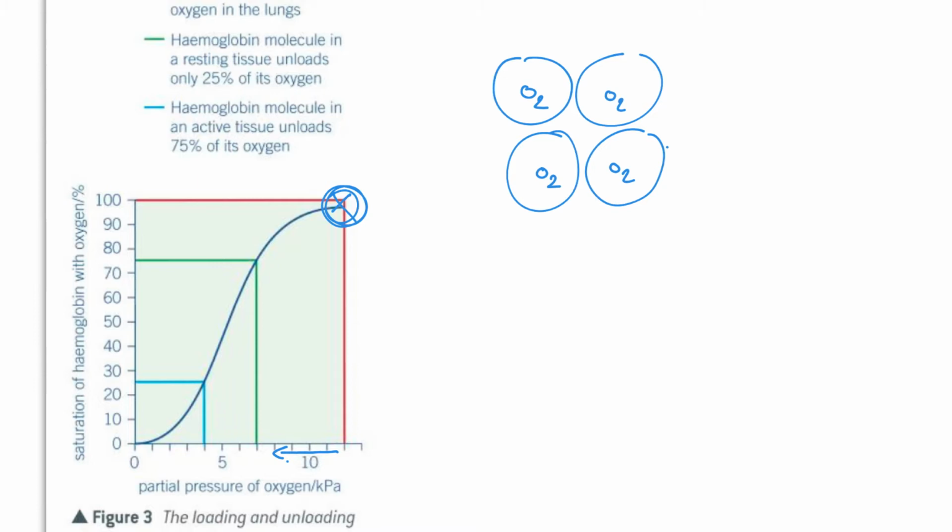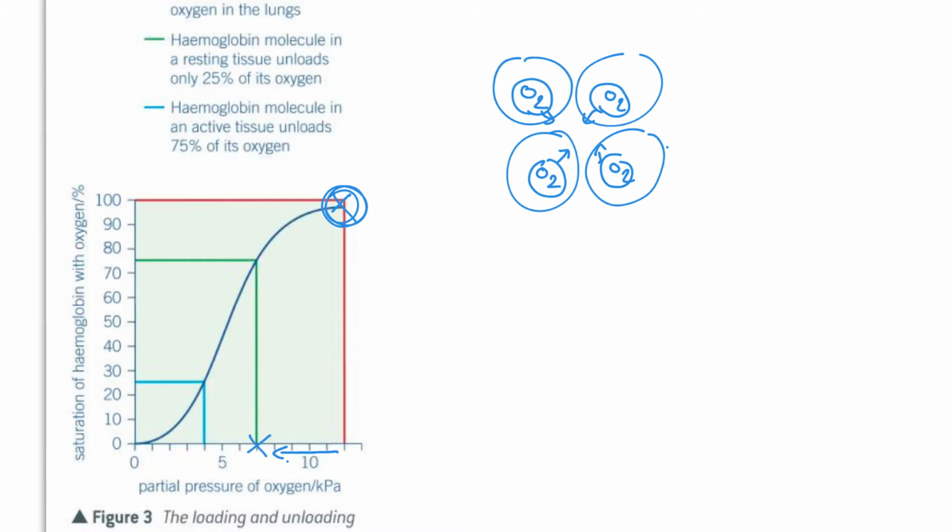But the binding sites for the oxygen molecules, when all four oxygen molecules are bound on, the binding sites face inwards, meaning that it doesn't want to let go. So in order for the oxygen to disassociate from the hemoglobin, you need a large drop in partial pressure.